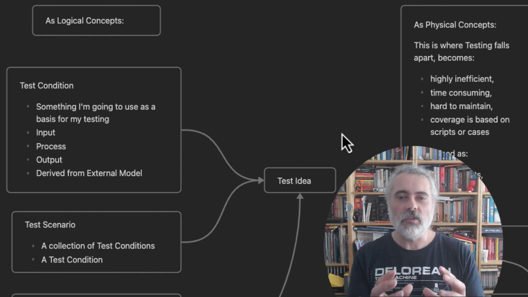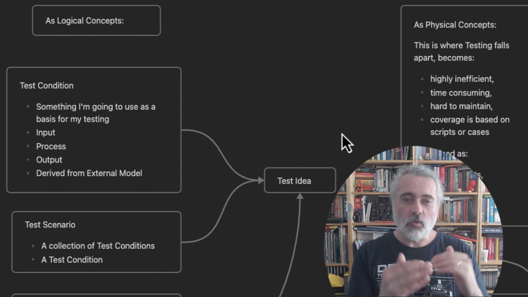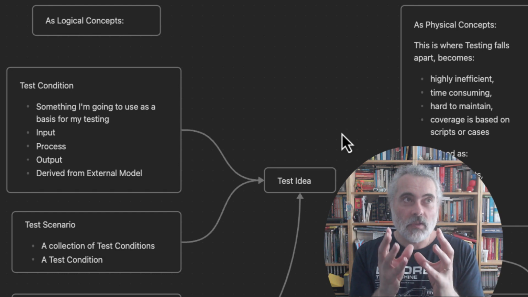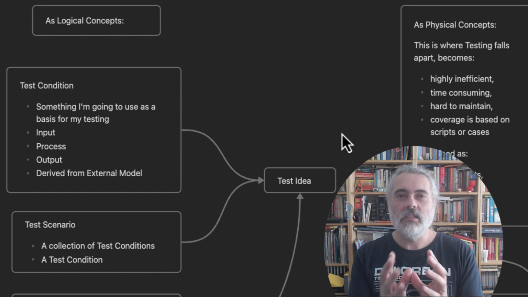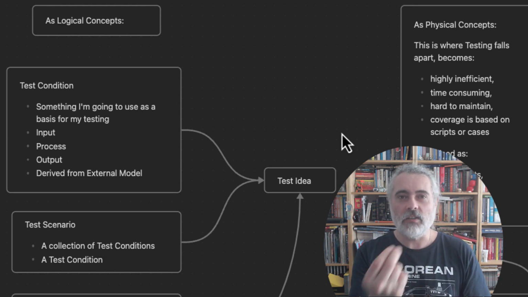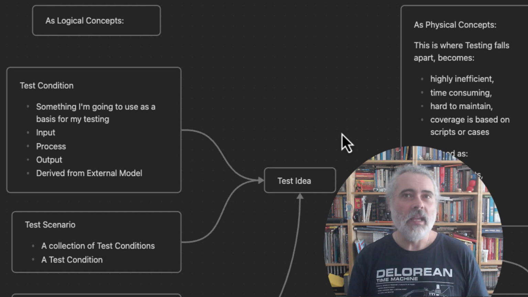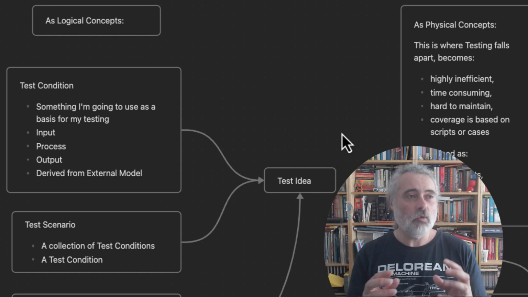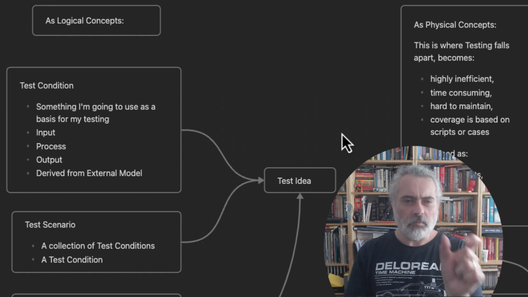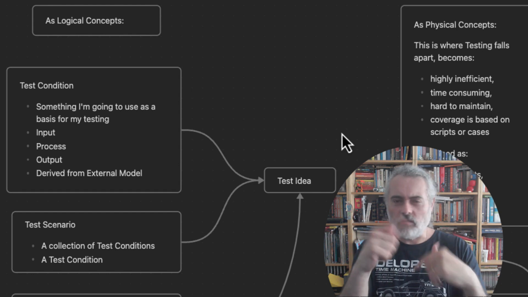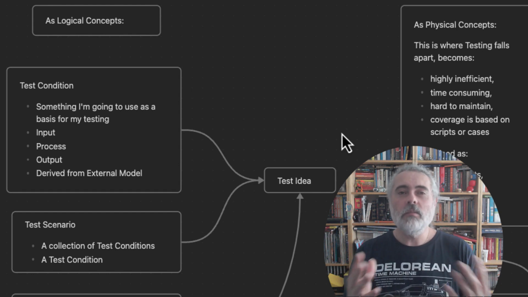We don't have to restrict our testing to external model derived conditions, but that's really where test conditions came from, deriving it from an external model, tracking it back to something else so that we could justify our testing. Because a lot of this, remember, is testing is an unbounded activity. We could do millions of tests by typing into a username field because we could do every single combination of characters, but they're not important.